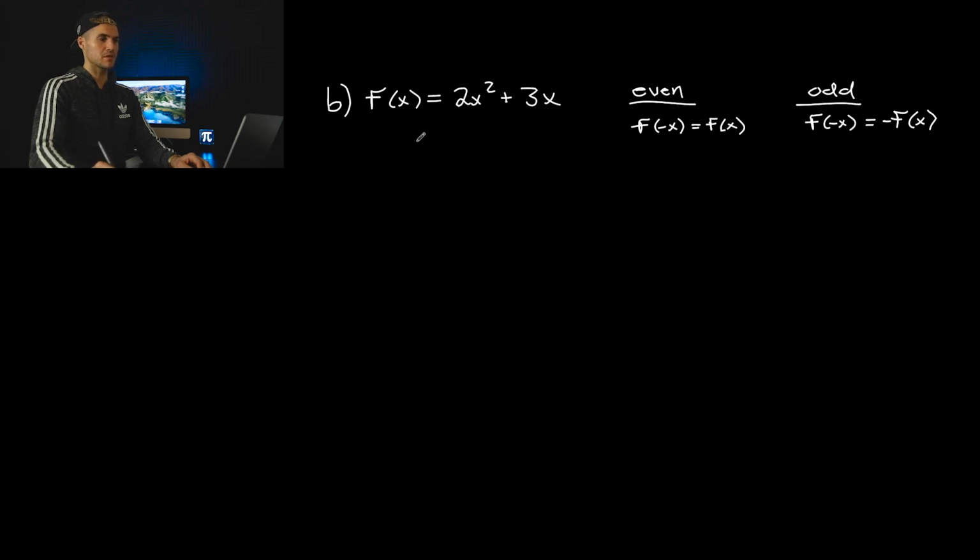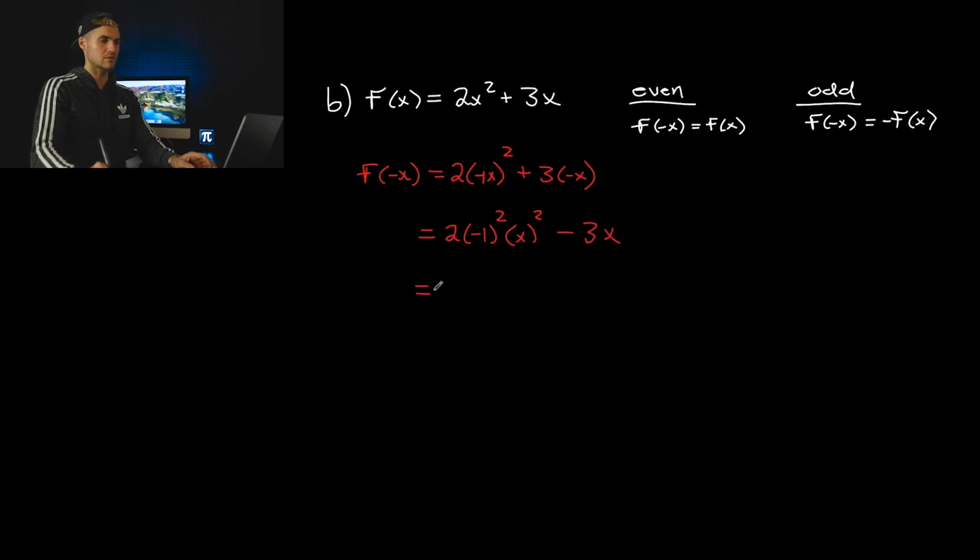Moving on to part B, we have another polynomial, so f of x equals 2x squared plus 3x. Same process, let's first find what f of negative x is going to be. So we're plugging in negative x for all of the x values, so make sure you put them in brackets like that. Then you'll have here, let's distribute the exponent 2 like that, and then 3 times negative x is basically minus 3x.